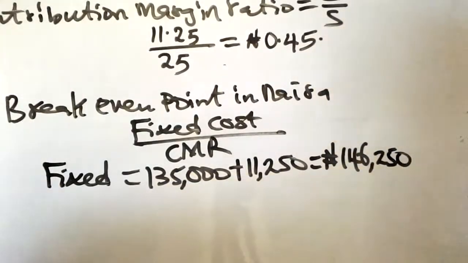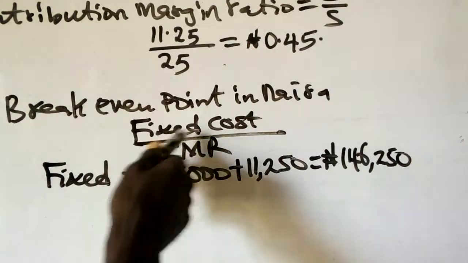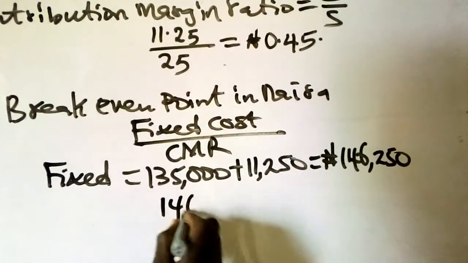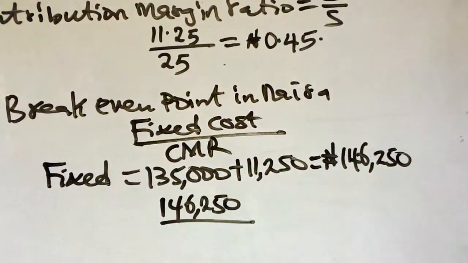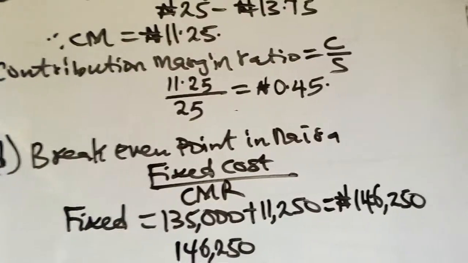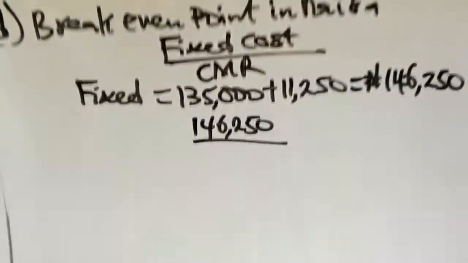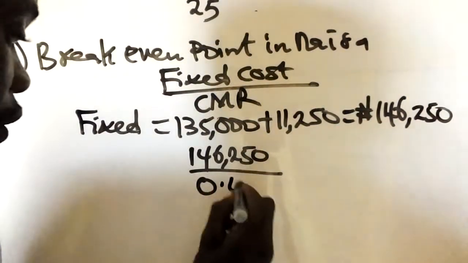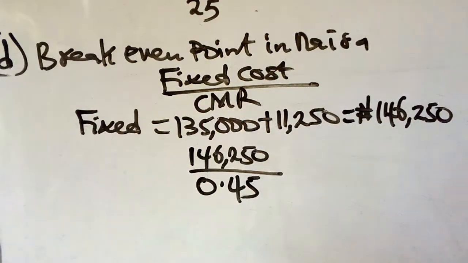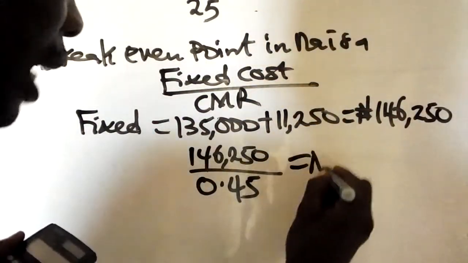So for the break-even point, our fixed cost is 146,250 over CMR. Our contribution margin ratio CMR is 0.45 as calculated earlier. Divided by 0.45, we have 325,000 naira.